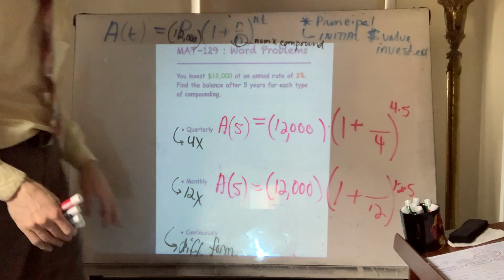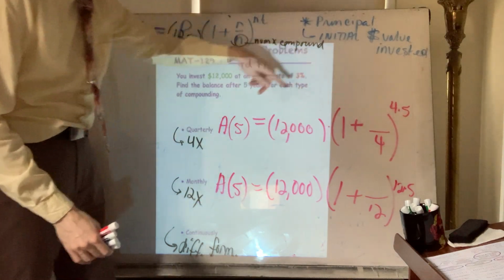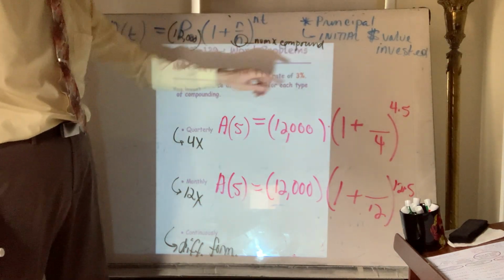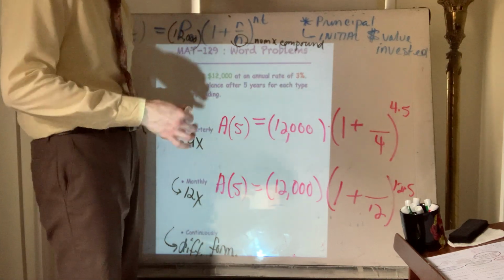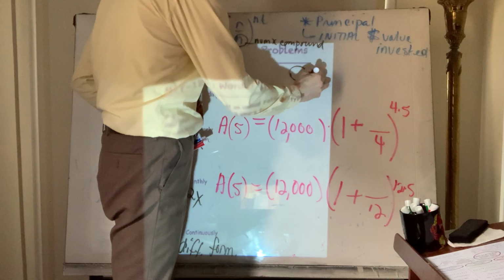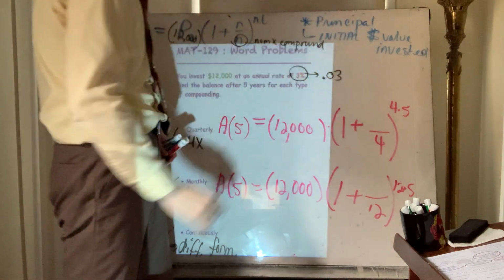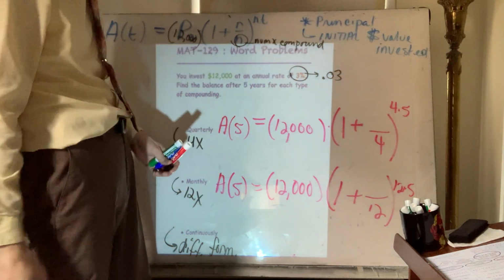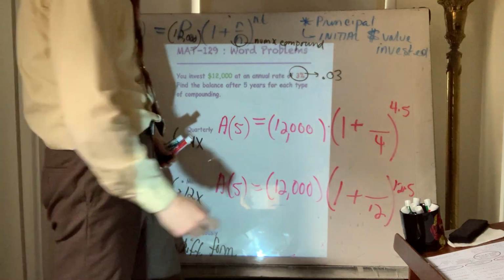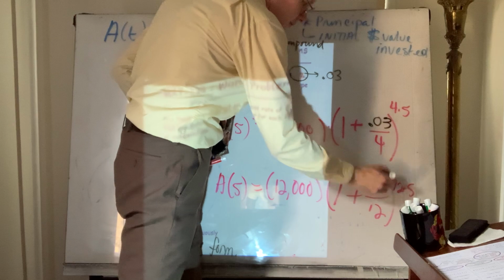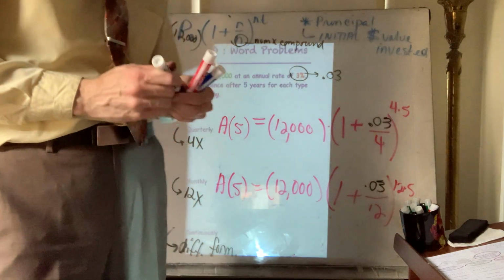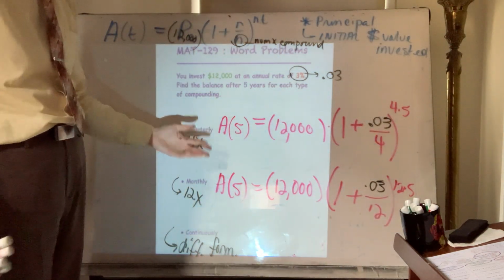The only thing I've left out is the percentage rating, which is 3%. Remember that's 0.03, two decimal places scooted over to the left. So you would put 0.03 here, and the same thing here.